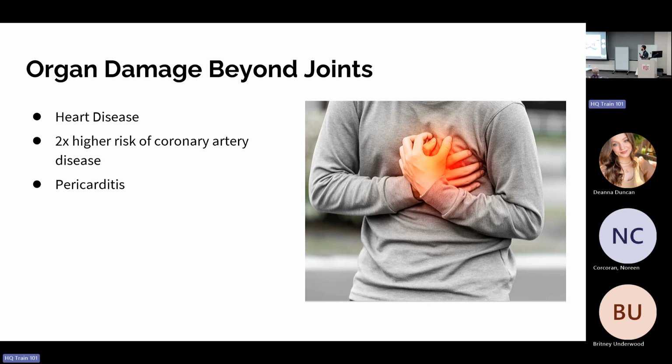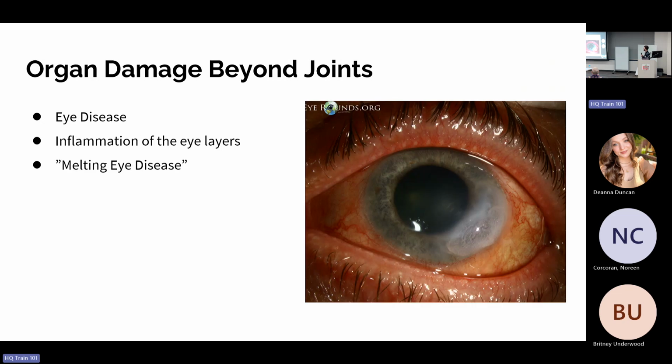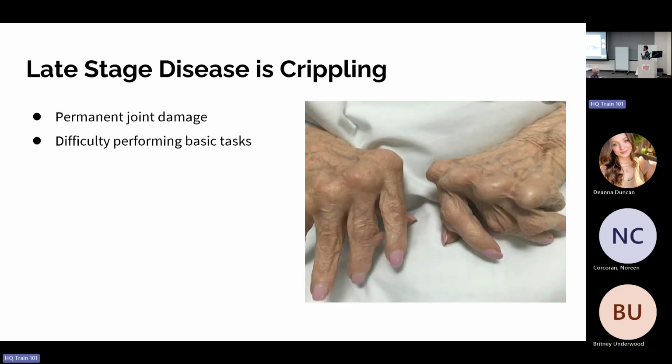You have a 2 times higher risk of heart attack and coronary artery disease. You can have inflammation of the lining of your heart. It can affect the eyes, including the feared melting eye disease, or PUK, which causes inflammation and eventually holes to occur in parts of the eye, leading to blindness.